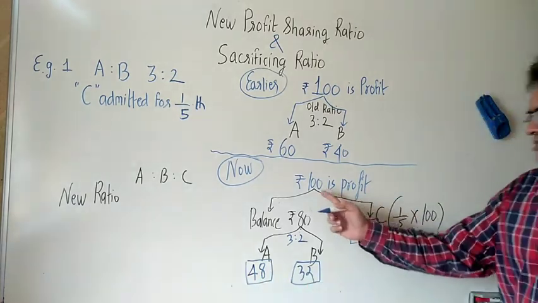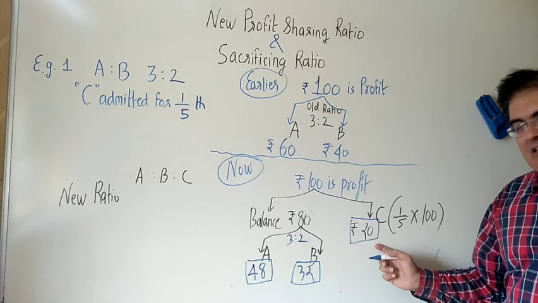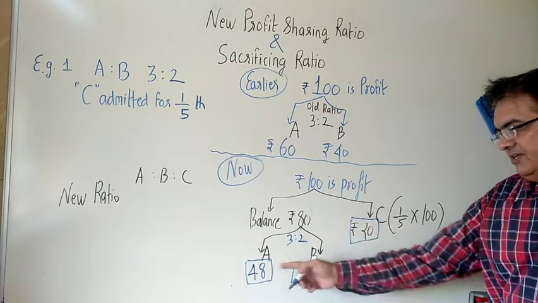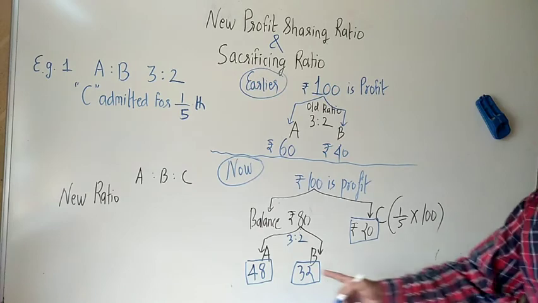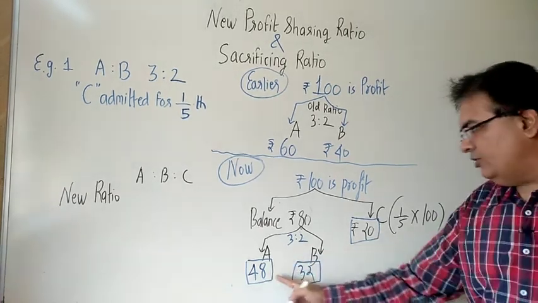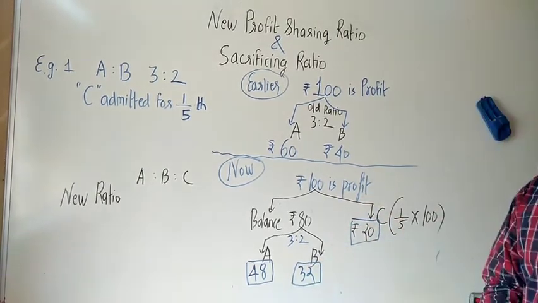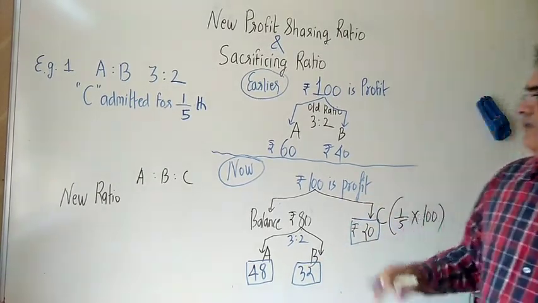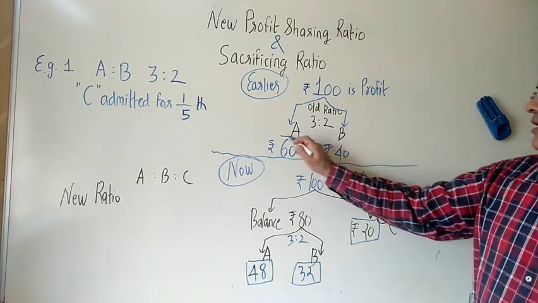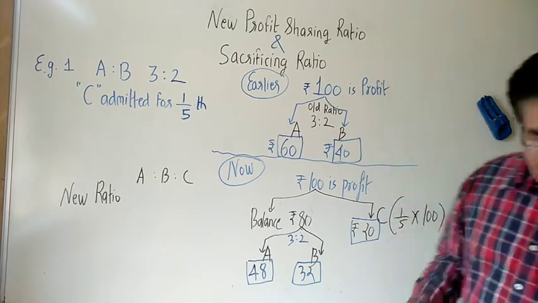So 100 rupees is distributed as, first of all give away 20 rupees to C. Out of 80, A and B take away in this manner. So A gets 48, B gets 32, C gets 20. The total of these three obviously will be 100. So this is the new sharing, correct? When only two partners were there, A used to get 60, B used to get 40, total 100.